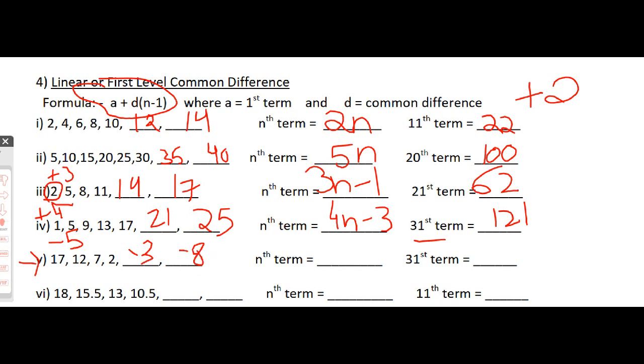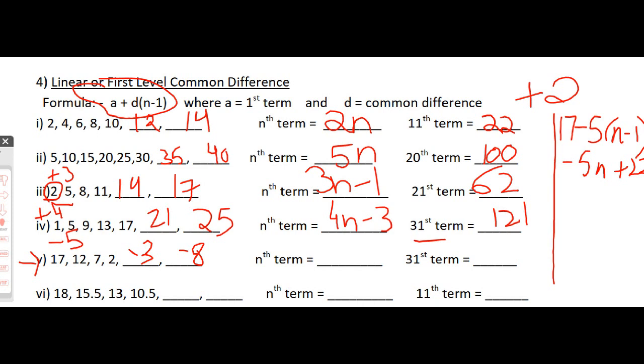Now how do I make the nth term of this particular series? I'll use both the methods. Let's first use the formula. The formula says write the first term, which is 17, plus write the common difference, which is minus 5 times n minus 1. Open the brackets, rearrange, you get minus 5n plus 22.